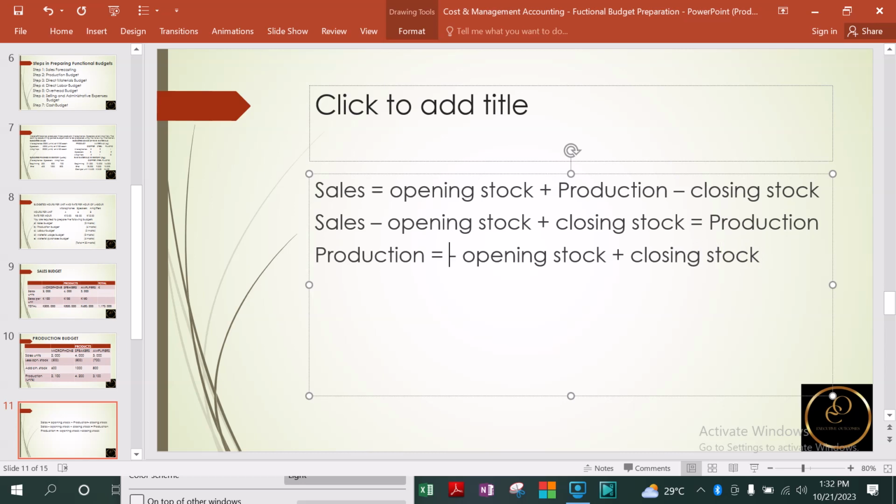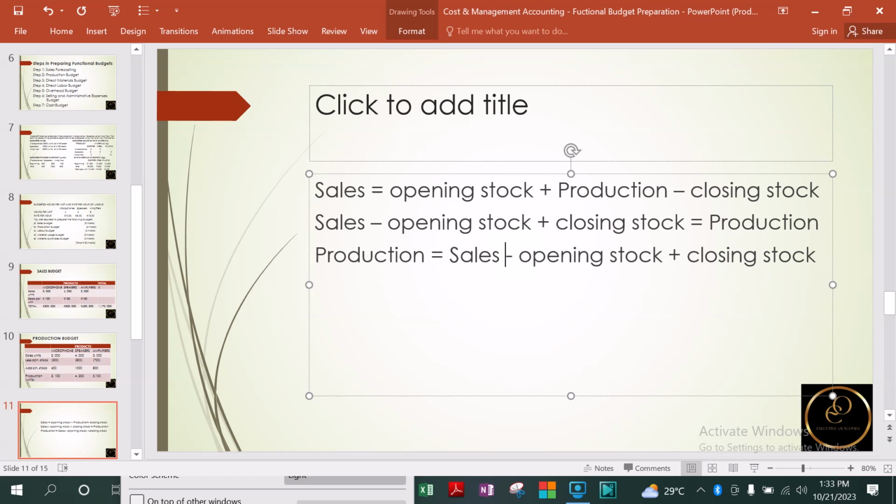Then this is what is subtracted from sales. Rearranging the statement, production, therefore, is equal to sales minus opening stock plus closing stock.